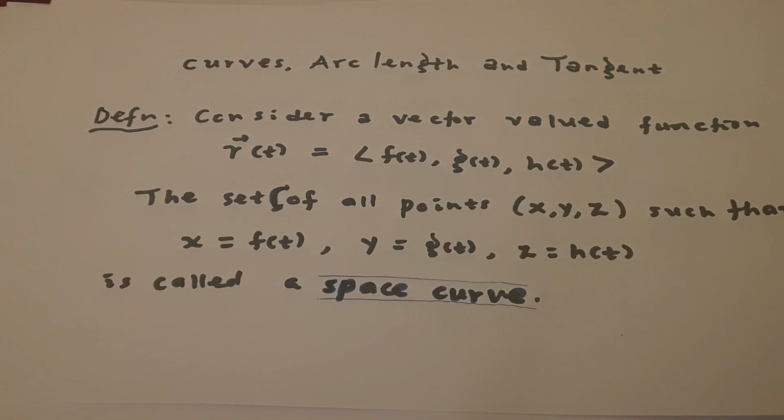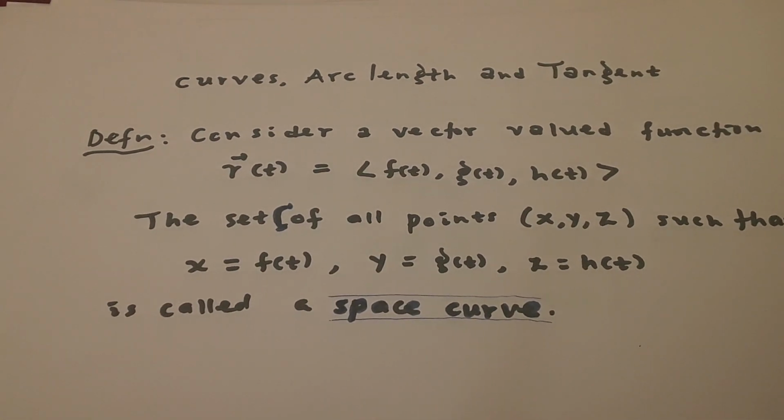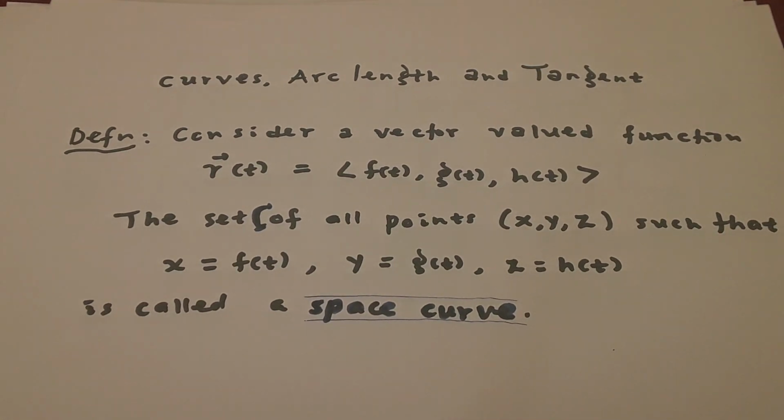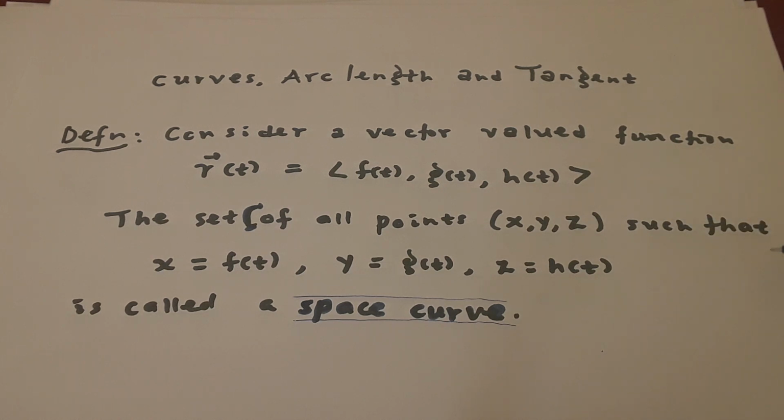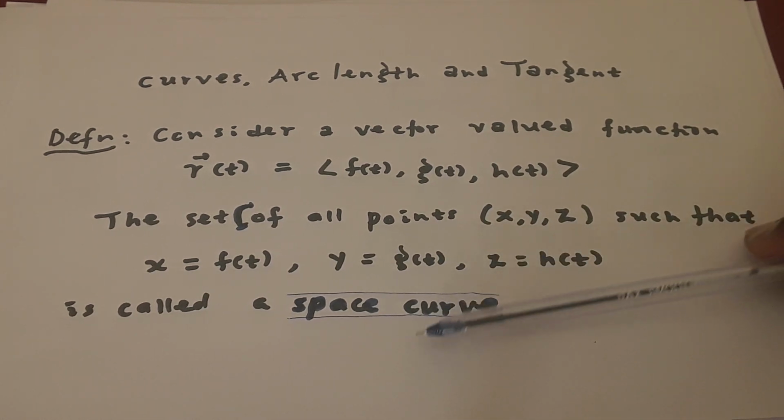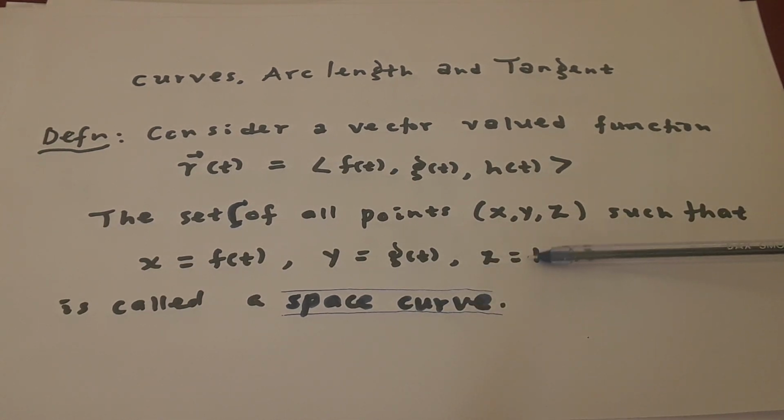Now we move on to curves, arc lengths and tangents. Consider a vector valued function r(t) = ⟨f(t), g(t), h(t)⟩. The set C of all points (x, y, z) such that x = f(t), y = g(t), z = h(t) is called a space curve.